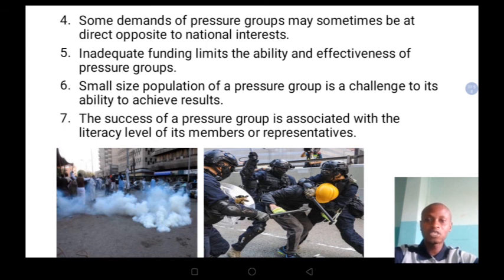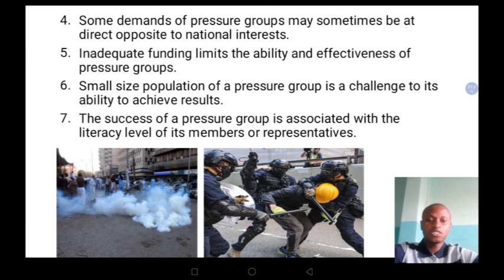Now, the success of a pressure group is associated with the literacy level of its members and the representatives. Every pressure group will have representatives that it sends to the government, to the lawmakers to lobby them, and so on. So if they don't have educated members who can represent them, who can articulate, who can think, and then be able to express the needs and interests of their members.